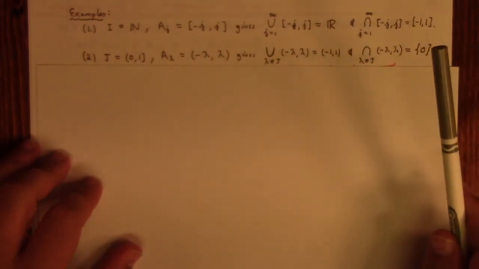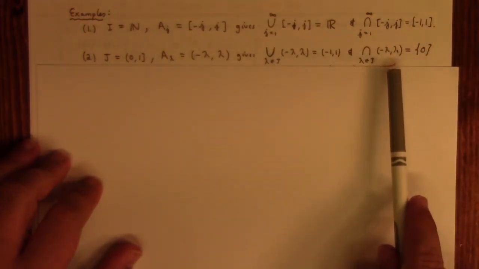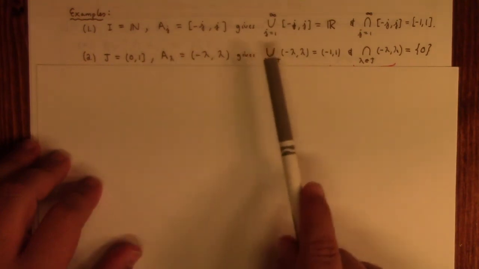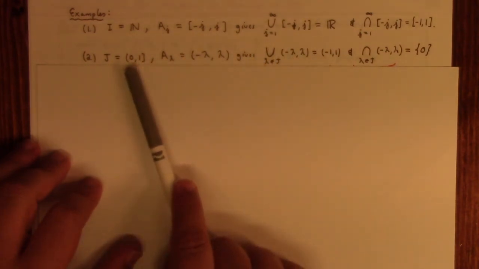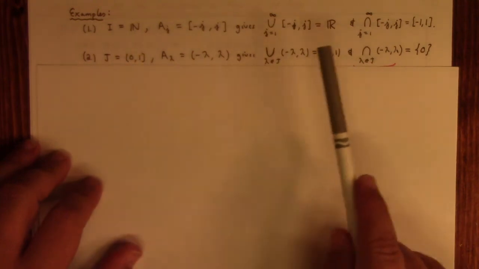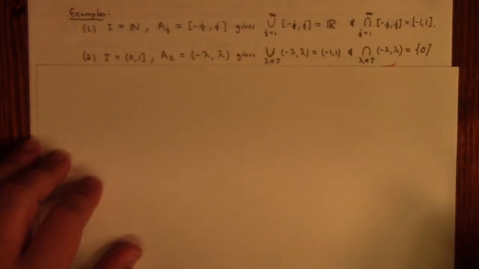On the other hand, if we intersect, then the only thing that's common to all of these, because we get as close to 0 as we like, but not actually to 0, I think technically if we got to 0, I would define the open set from 0 to 0. I'd probably define that to be the empty set, but here we're getting into territory I'd like to not get into.